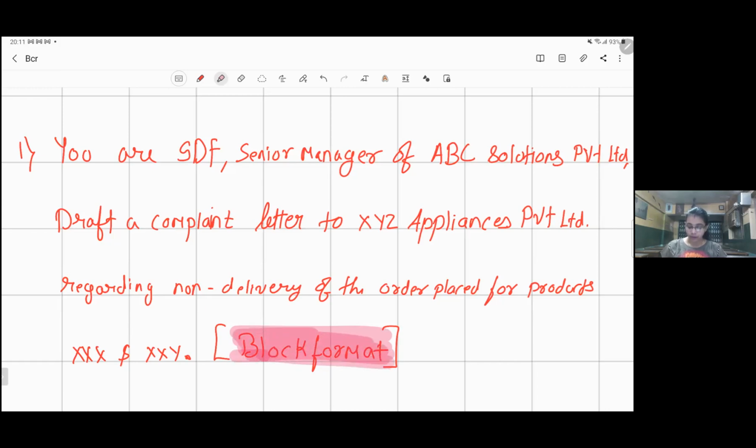Done? Now start writing. I'm dictating. Just write the address first. Write down the addresses or leave 4-5 lines for address and start writing the main paragraph.